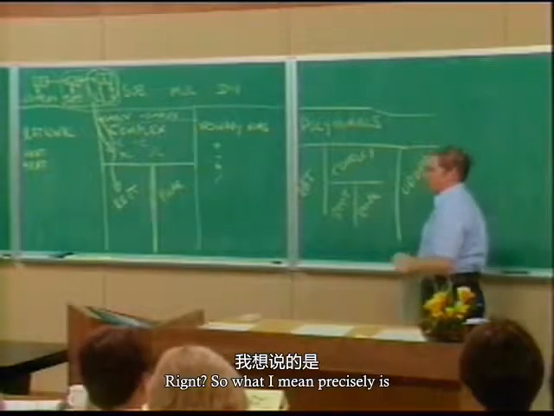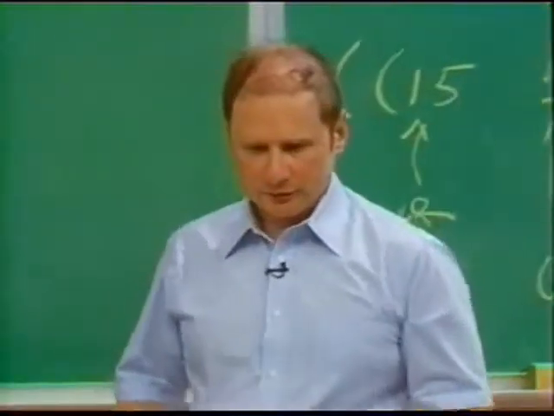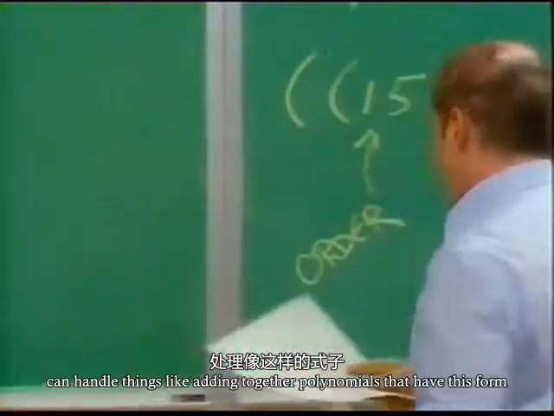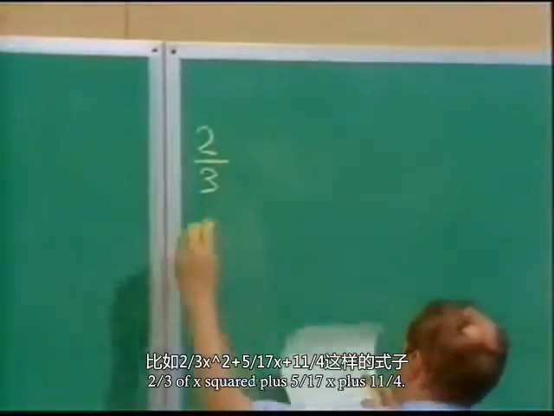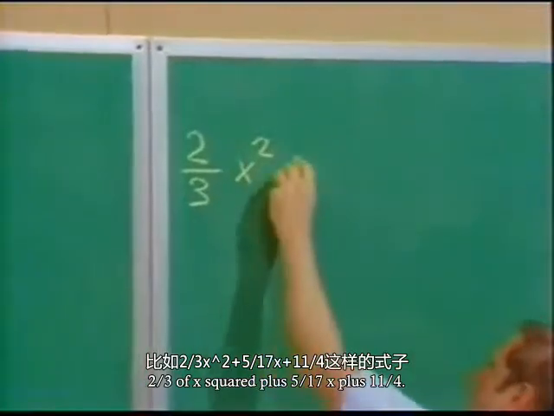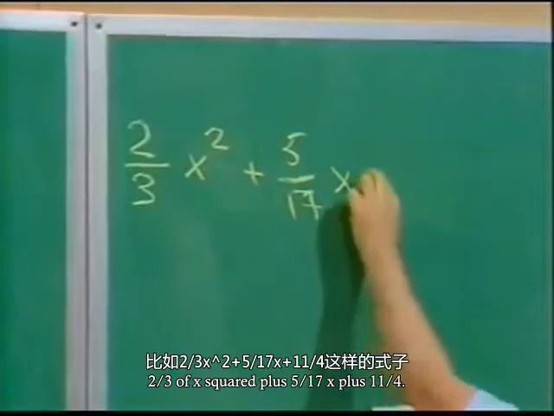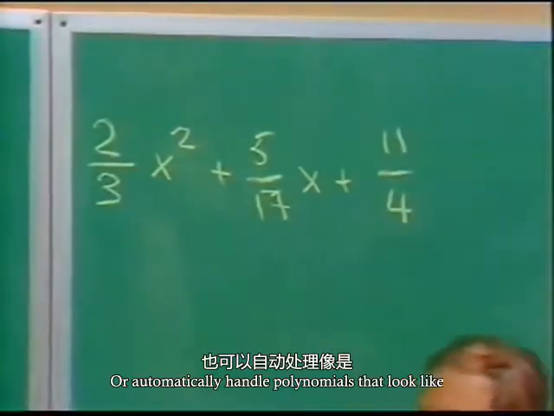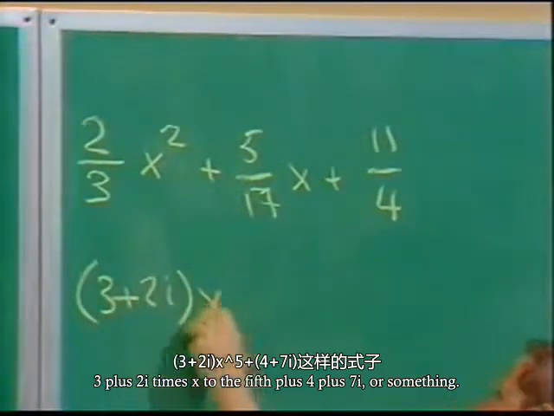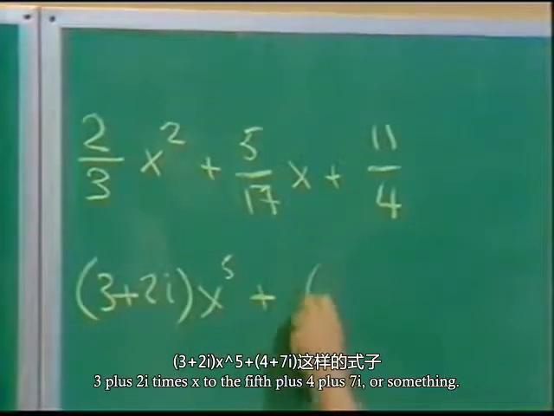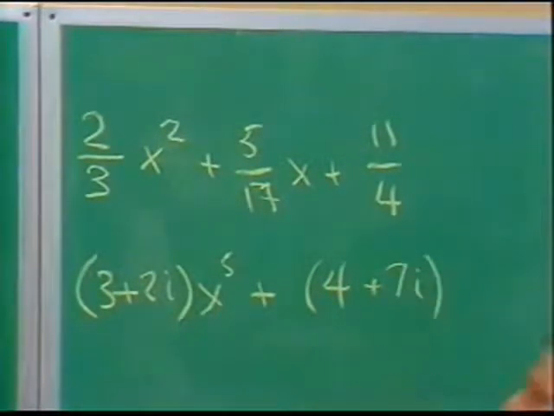So what I mean precisely is our system right now automatically can handle things like adding together polynomials that have this form, 2/3 of x squared plus 5/17 x plus 11/4, or automatically handle polynomials that look like 3 plus 2i times x to the 5th plus 4 plus 7i or something.